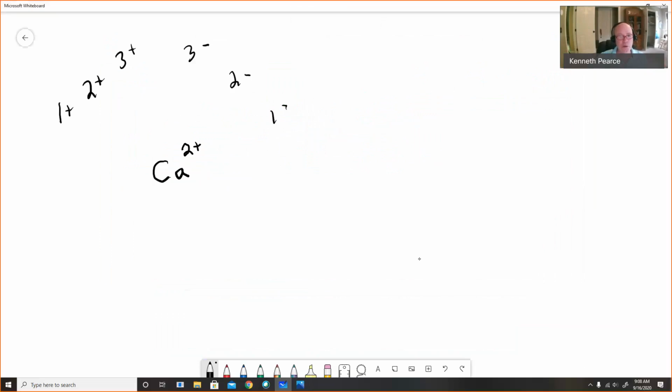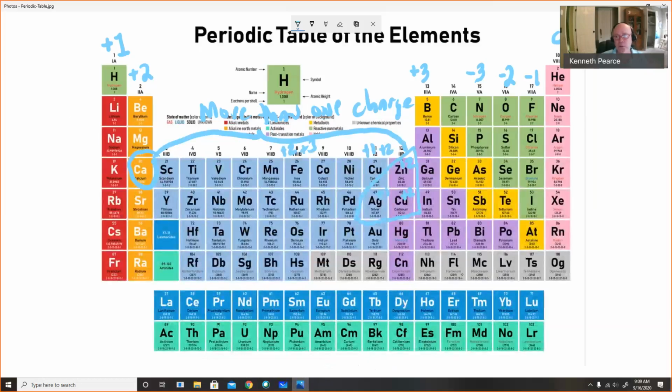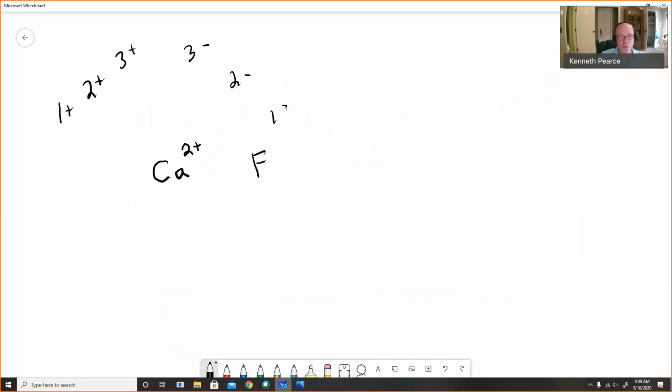What if we were to say, what's the charge on fluorine? We go back to our periodic table and try to find fluorine, and we see that fluorine is in the -1 group. So we go back to our element and we say, that's F minus. Usually we don't put a 1 up there, because if there's a charge, we're assuming that we have at least one.